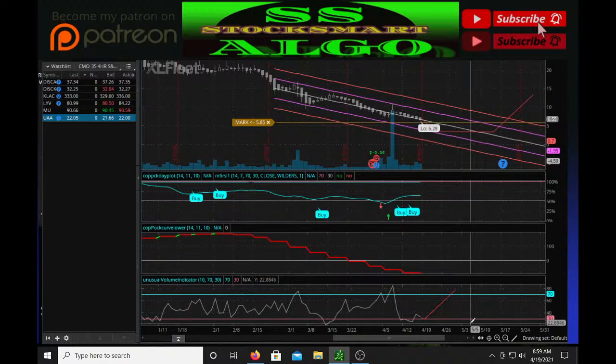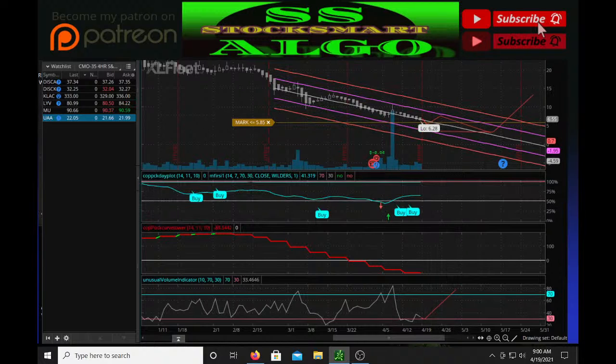If this is the corrective action, it's still a downwards move though, so having it push down a little bit, then just a slight pop, and then continue going down. So I'm probably going to say this is going to be our next range of where we're falling into, this unusual volume indicator.